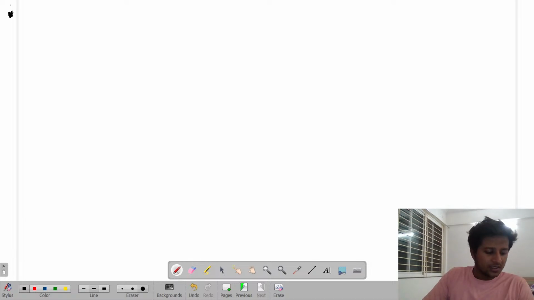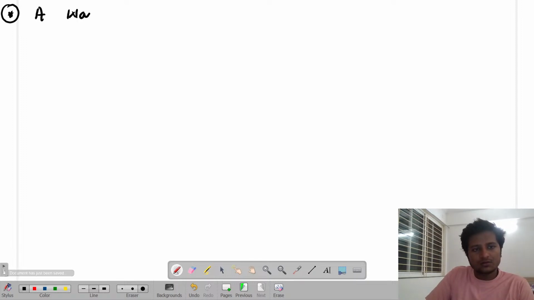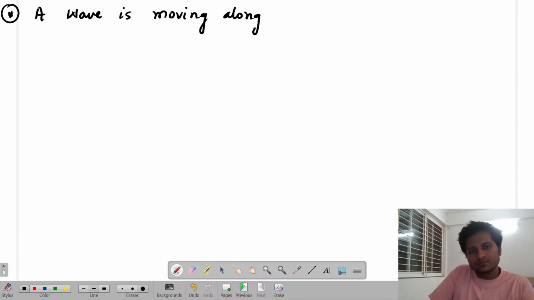So it says a wave is moving along positive x direction.